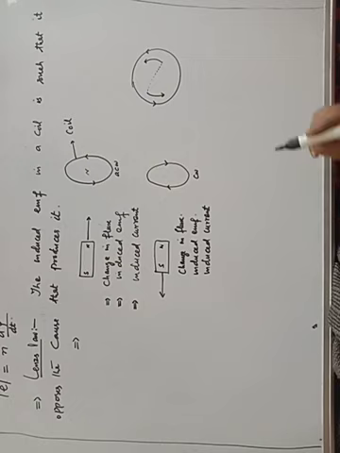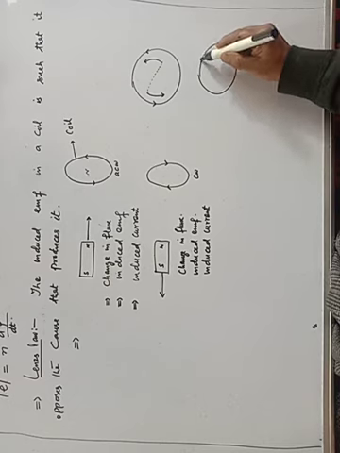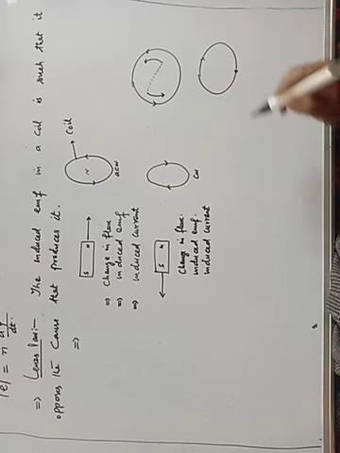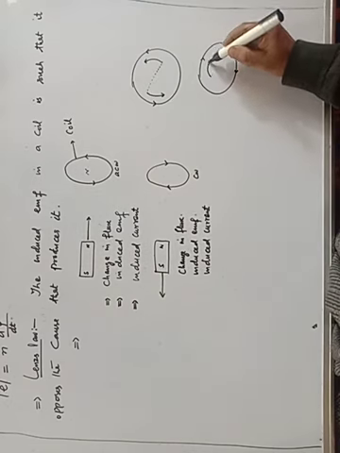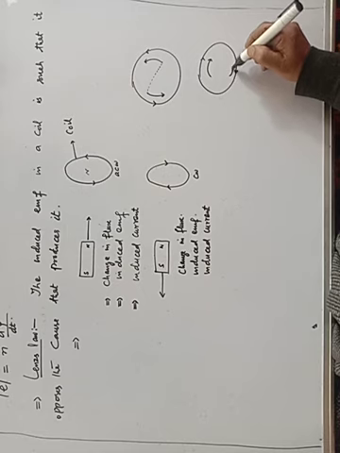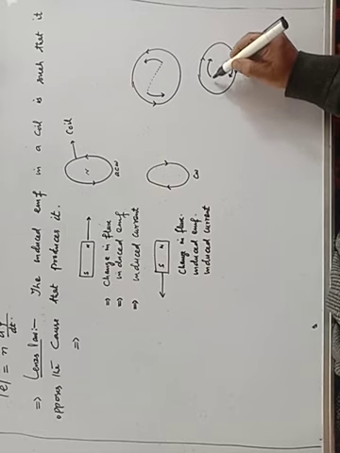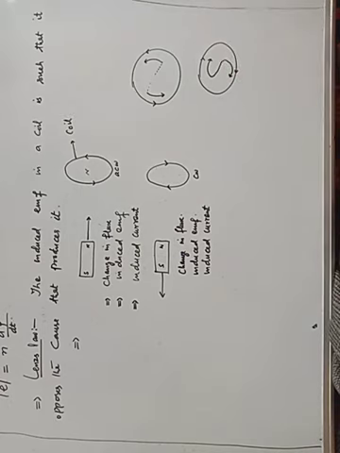So according to the clock rule, when the direction of the current is clockwise, we can write it like this. This is the direction in the upper portion, and this is the direction in the lower portion of the coil. So by joining this, you will get here S.